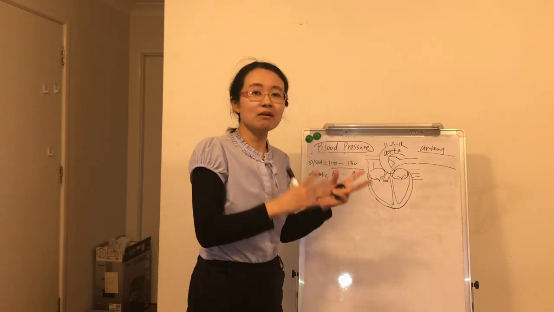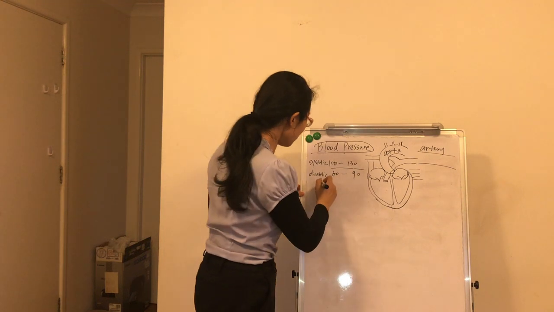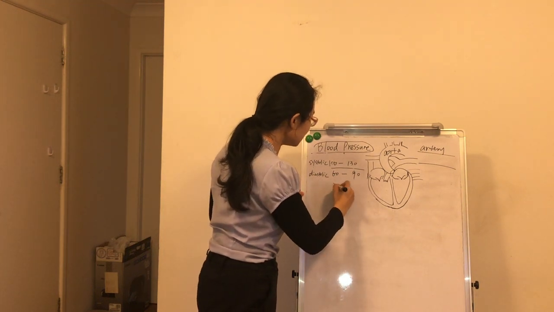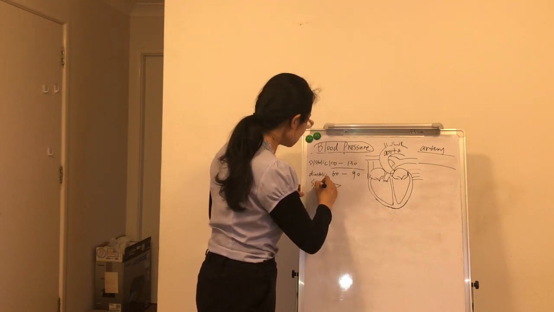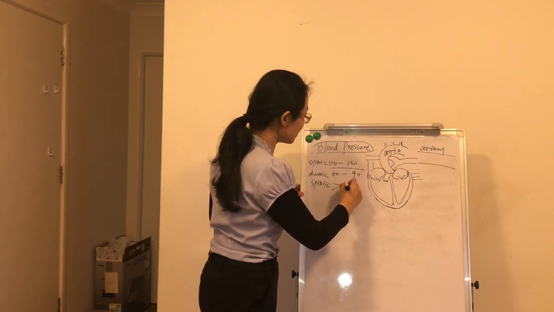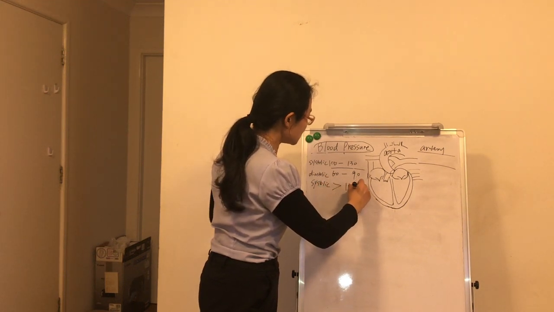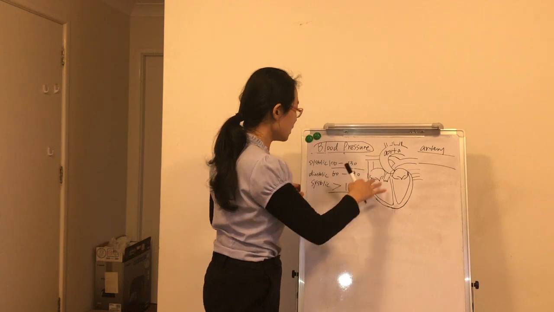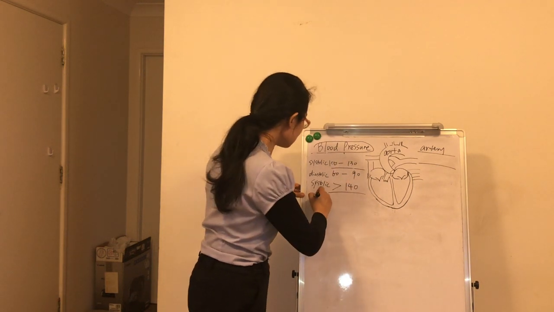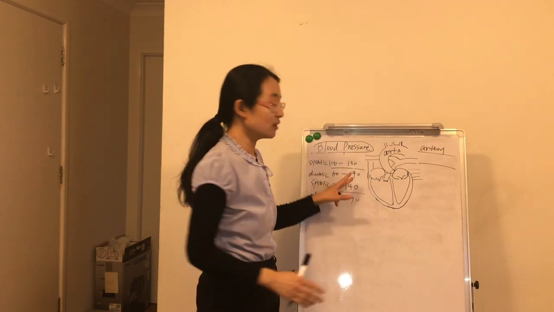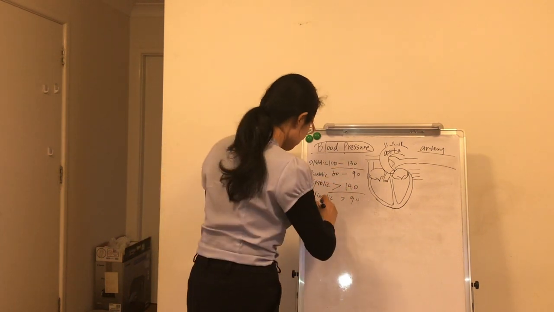Then let's have a look at abnormal readings. If your systolic level is higher than 140 and diastolic is higher than 90, then we call it hypertension.